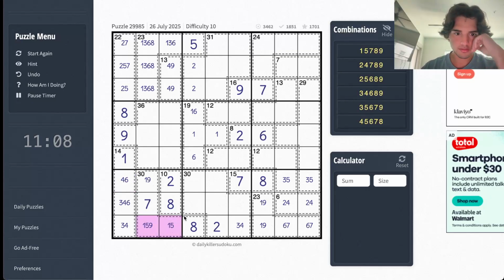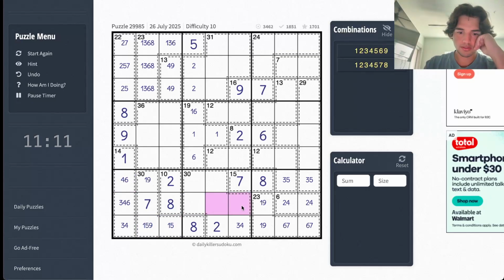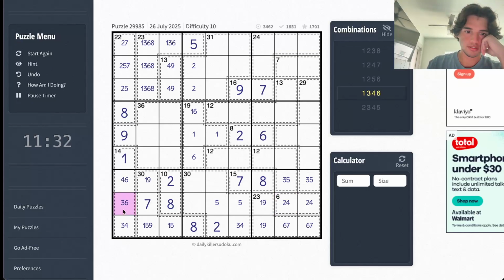So 5s have to go in here somewhere in one of these two spots. 3, 4. 4, 6, 1, and 9. Not very restricted. There are 2, 4, 1, 5, 9, 3, 4, 6. 4 is eliminated from there as well. 4, 6, 3, 6, 3, 4.